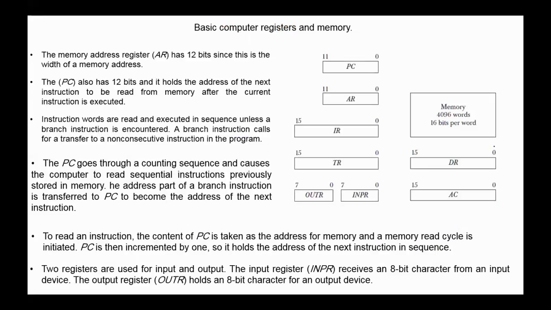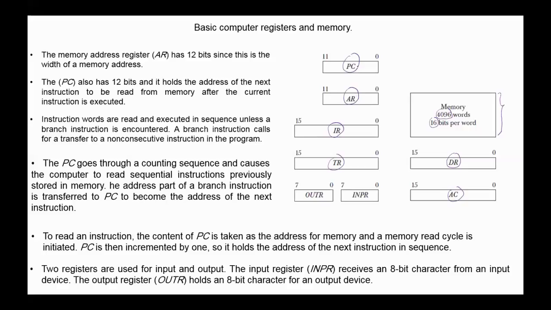This is the map for basic computer registers and memory. We have 4 kilo locations, 4096 locations, each of size 16 bits. This means that the size of the data register, accumulator, temporary register, and instruction register should be 16 bits.